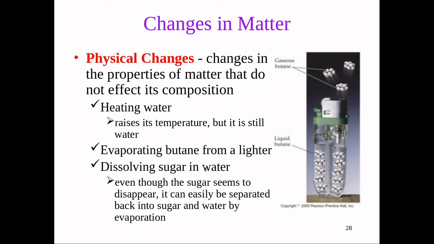Another example might be dissolving sugar in water. Even though the sugar seems to disappear, it can be easily separated back out of the sugar water by evaporation. If we can separate two parts of a mixture, that's another indication that we're dealing with a physical property.